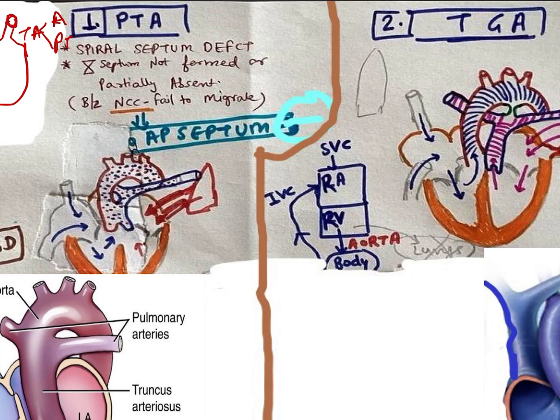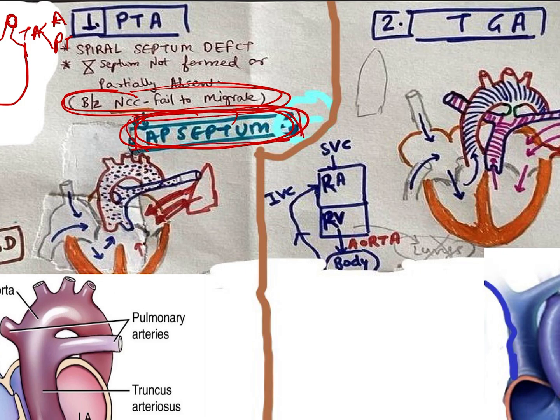If there is no migration of neural crest cells, then this aortopulmonary septum will not form. If this aortopulmonary septum is not formed, then there will be only a single tube. This single tube will not divide into two parts. Hence, mixing of blood will occur.